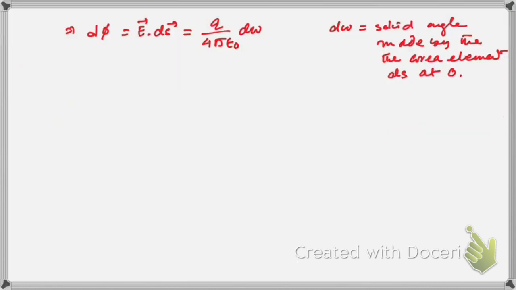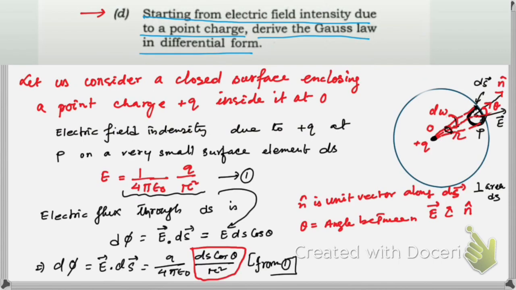So now you see how to get the total flux. So total flux through the whole surface, right? Let us consider a closed surface.